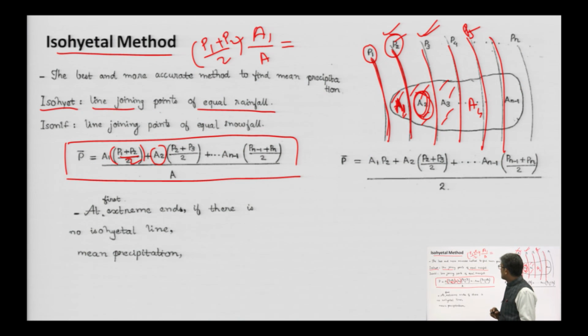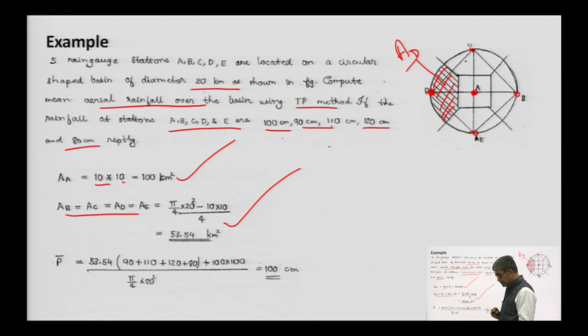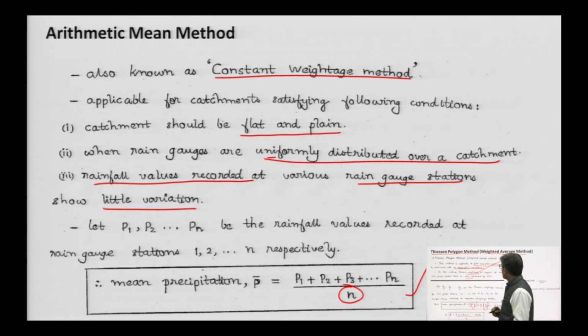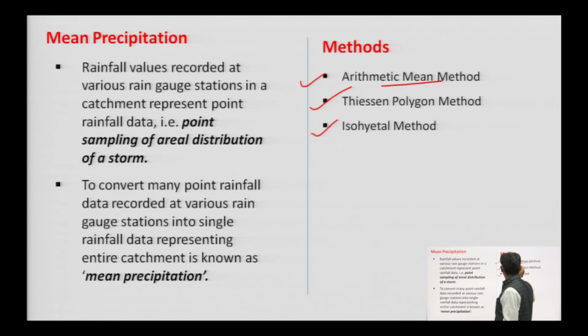So, these 3 methods: arithmetic mean method, Thiessen polygon method and isohyetal method, we have covered today, and this mean precipitation data will be used to plot the hydrographs, different graphs in calculating the things required for forecasting.